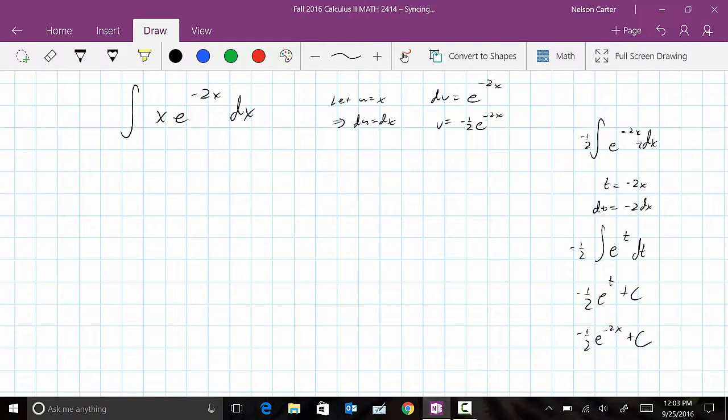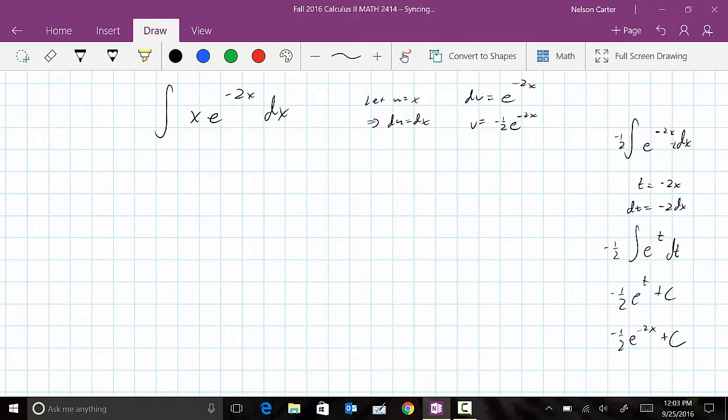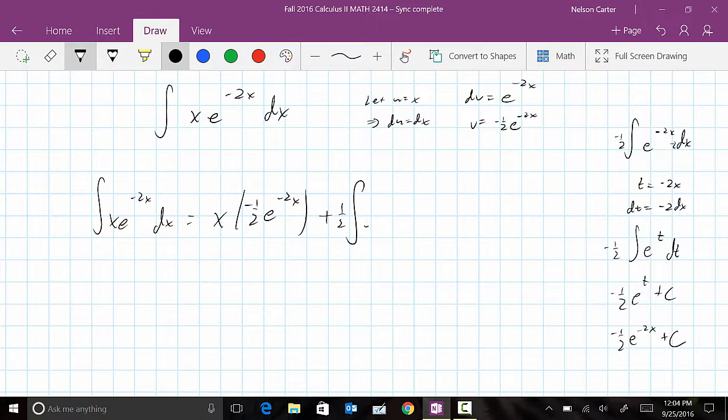Okay, so then from here we have that the integral of x e to power negative 2x dx is going to equal u times v. So x times negative 1/2 e to power negative 2x minus the integral of v du. And so no problem.